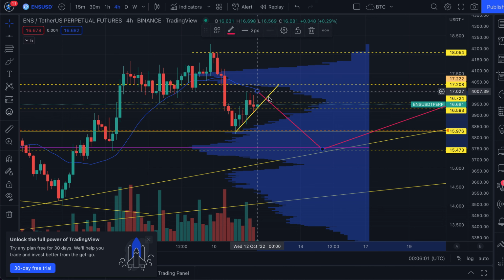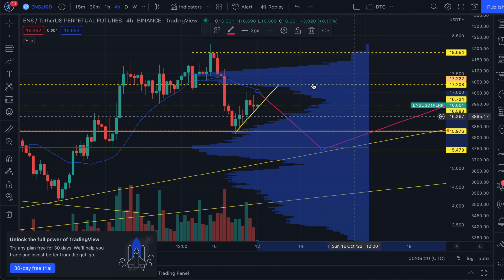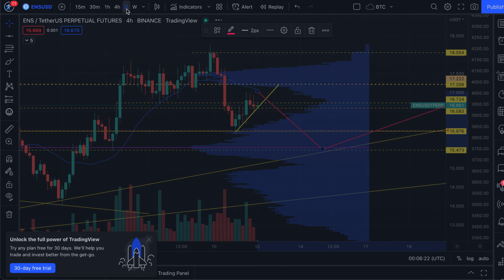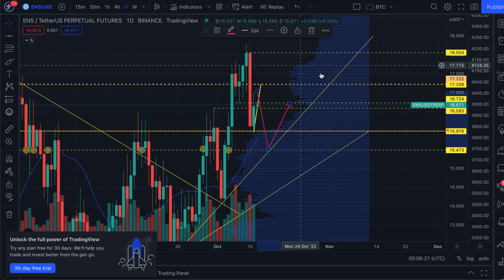This is a very short trend line, so it's not that significant. I would expect this SMA to basically smack it back down, and then somewhere around this support, which is a lot stronger, or probably even here, it might bounce and then head back up and take out this swing high, which is 18.